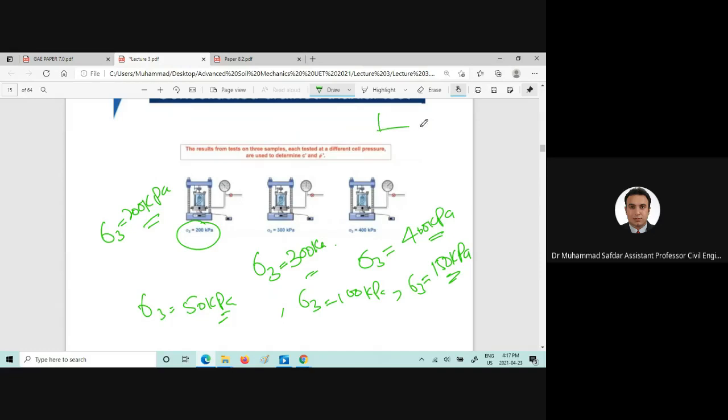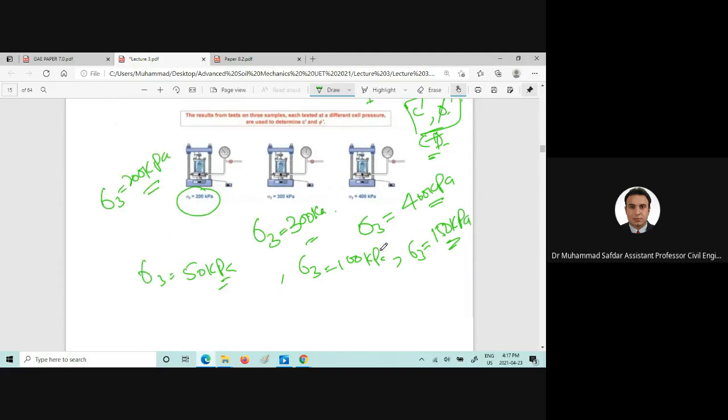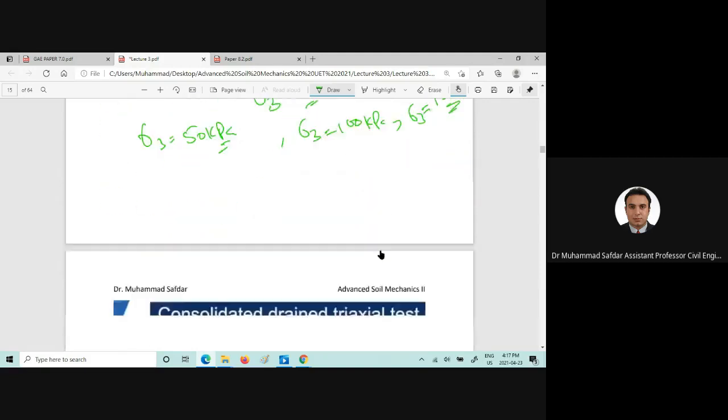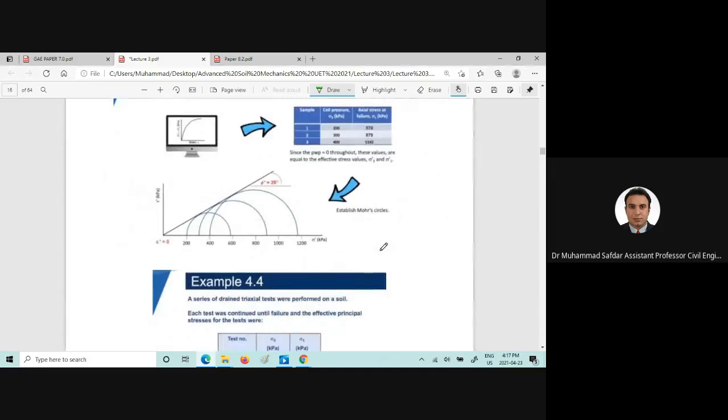So you are going to get 3 circles, and then you are going to find out the C and phi prime in case of the consolidated drained test, and C and phi prime are the total strength parameters in case of the consolidated undrained test. And that's how you find the effective friction angle and the effective cohesion.